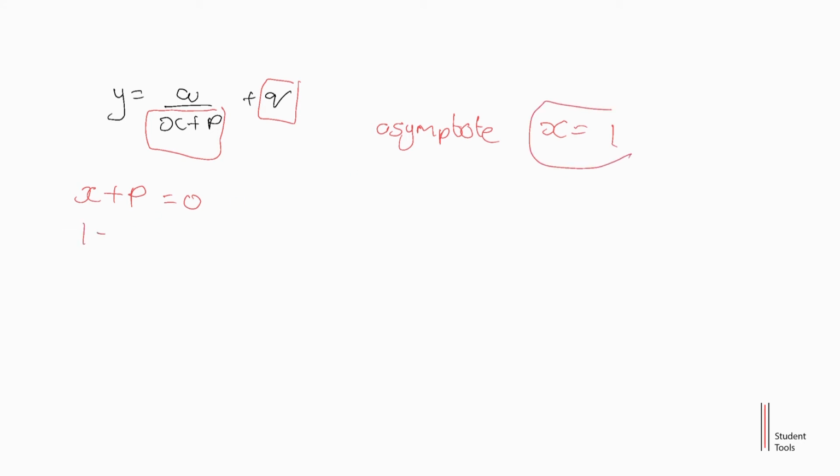So 1 + p = 0. To solve for p, we will subtract 1 from both sides. This will be equal to 0 such that p will be equal to a negative 1. So the value of p is equal to negative 1.